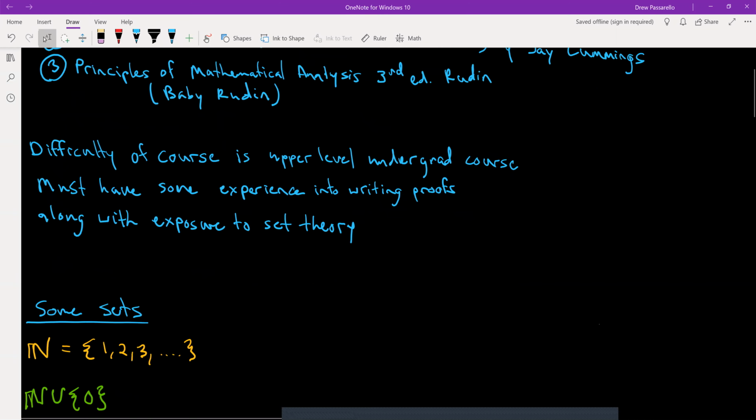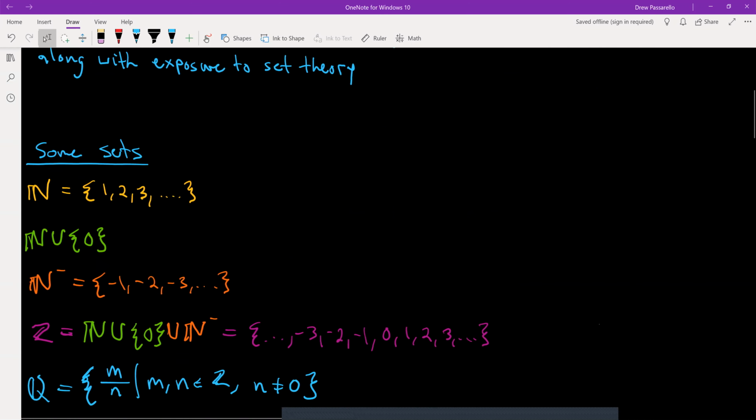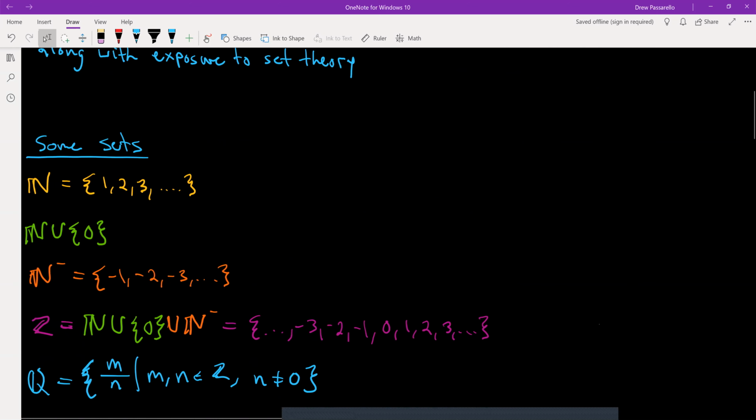All right. So for our course, in Baby Real Analysis, I've written here some examples of sets. And again, I'm assuming you are familiar with set notation. So that's how I'm going to write my natural numbers, capital N. That's our set of whole numbers, 1, 2, 3, and so forth.